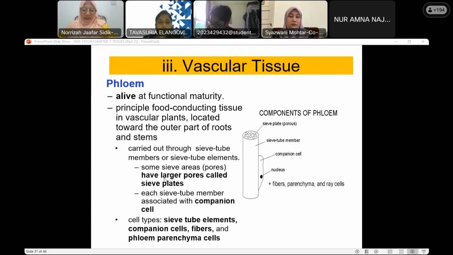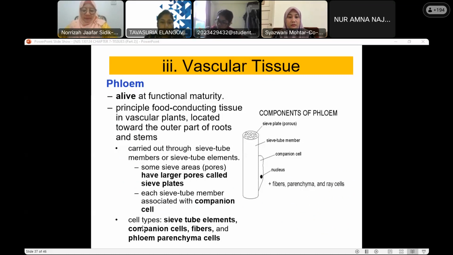They have the sieve area pores, which we call sieve plates, and the companion cell. The companion cell provides the energy, and these companion cells have many mitochondria.